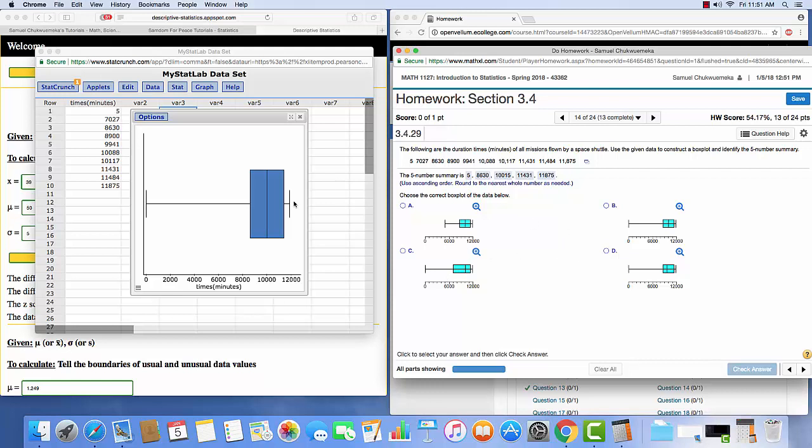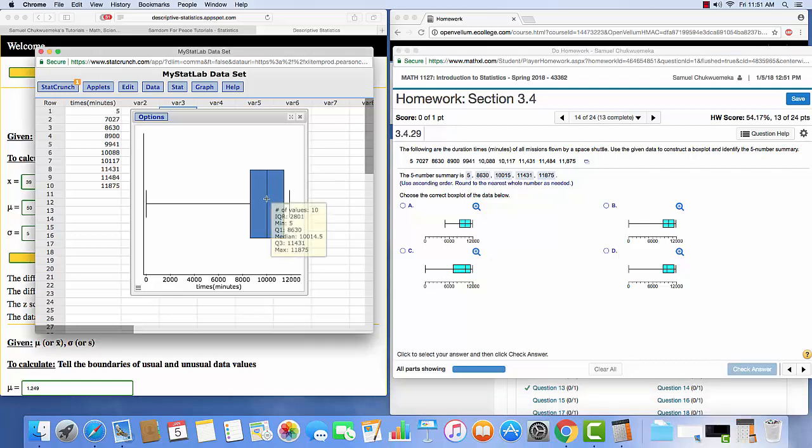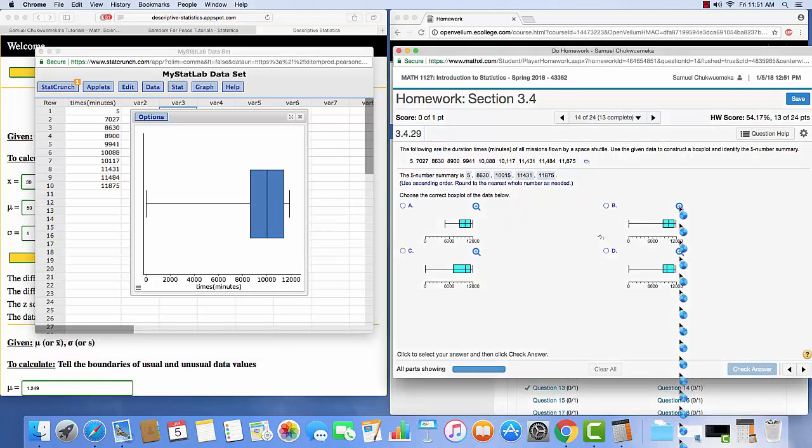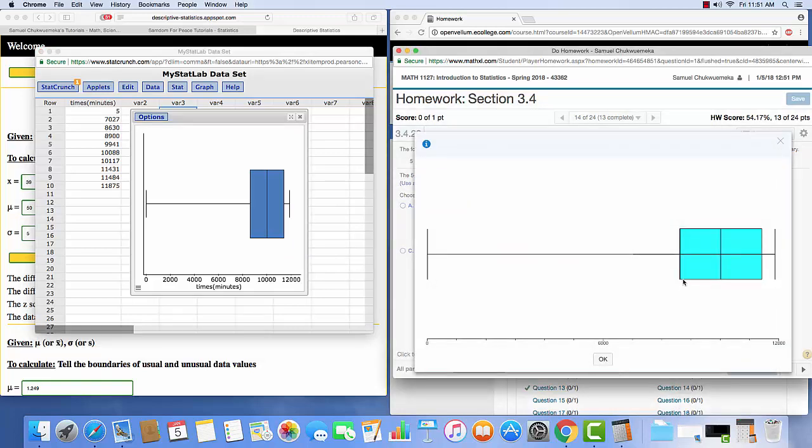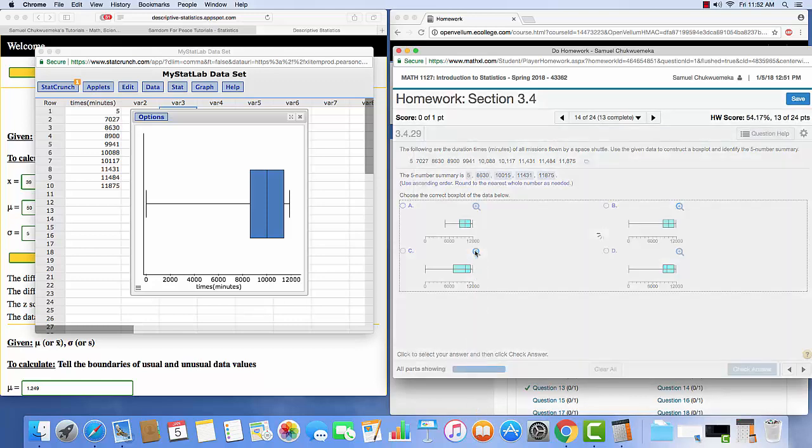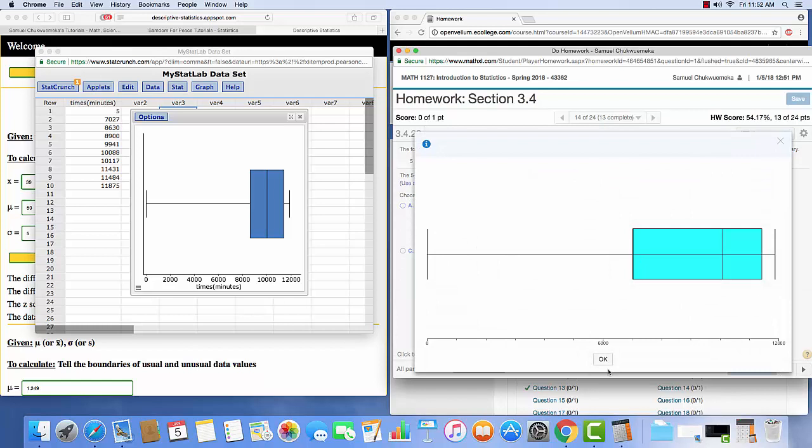Okay. Let's look at the first quartile. First quartile is 8630. So let's look at B. First quartile 8630. 7, 8. Okay, let's leave it. Let's look at C. First quartile 8630.